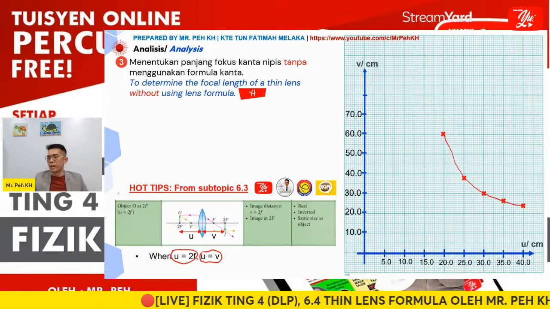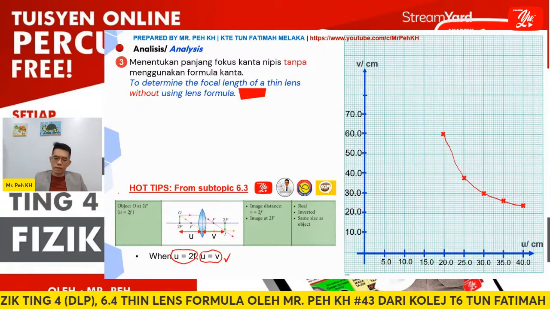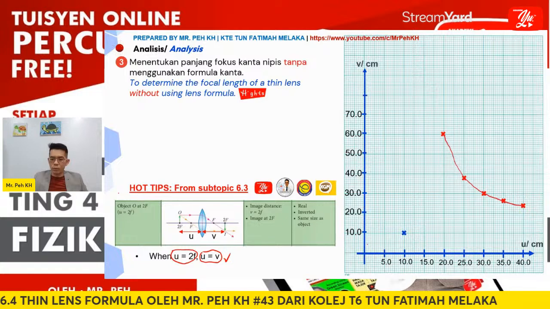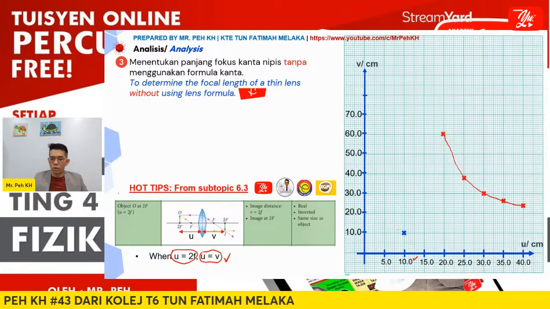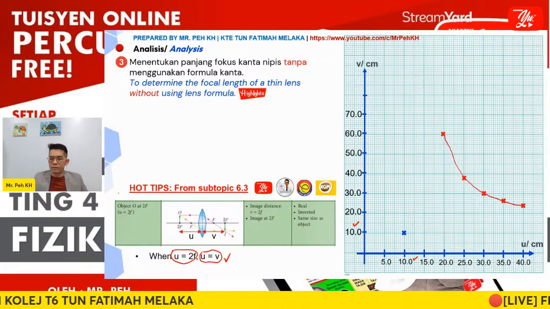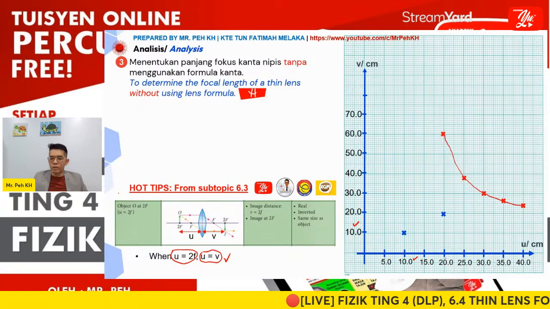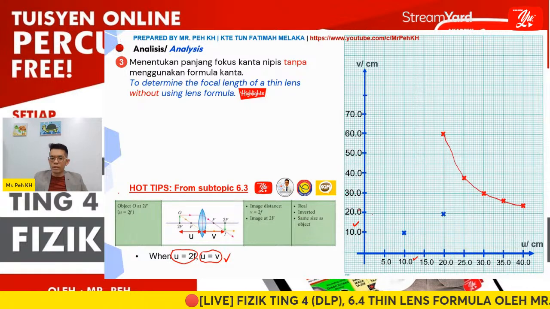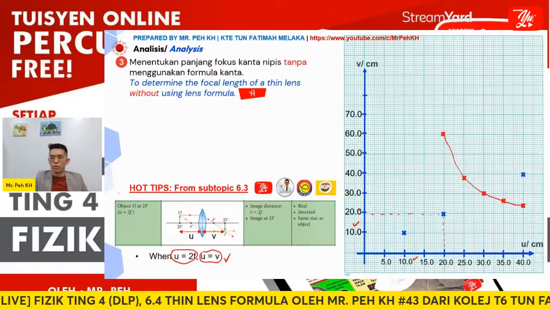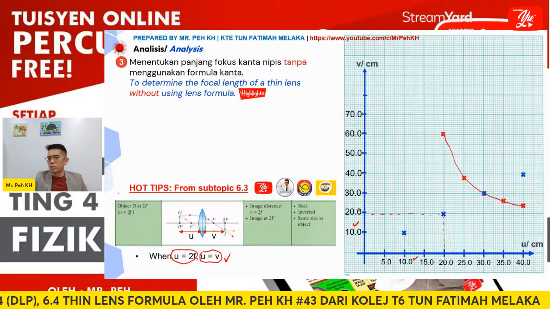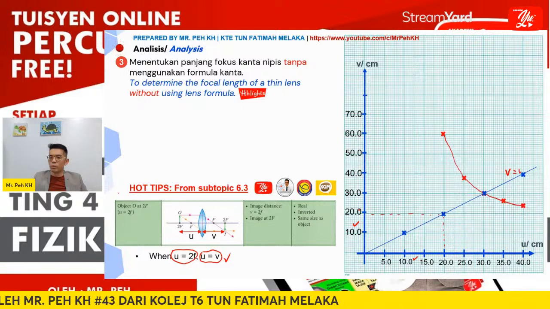So here you can plot another line, which is u equal to v. You can see when your u is 10, v will be 10. Same for the second reading: 20 for u, 20 for v, and the other two points here. So you can draw another line, which is v equal to u.